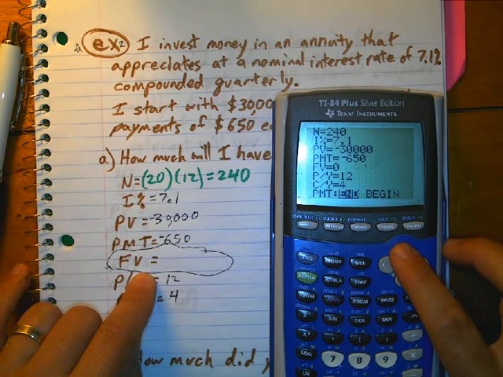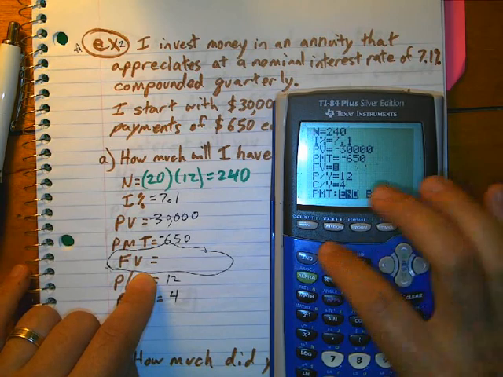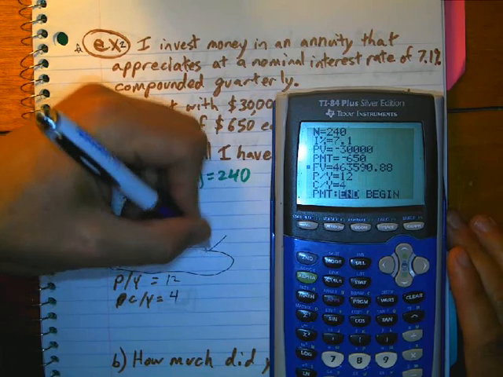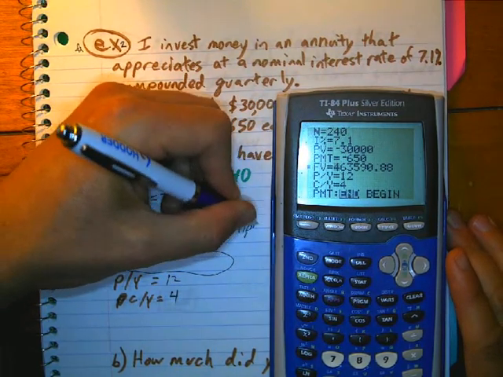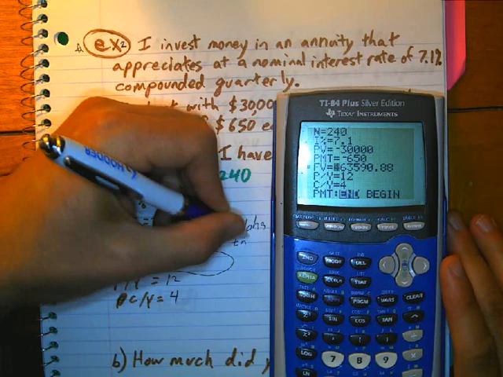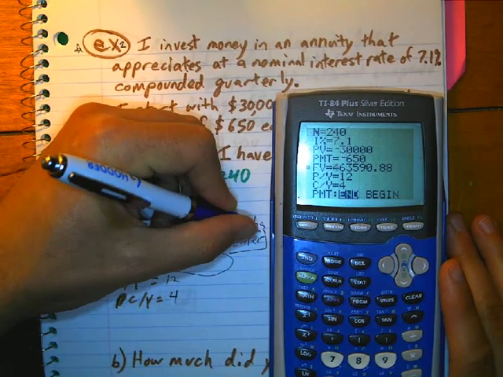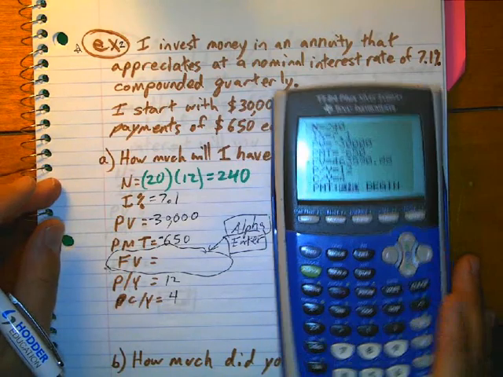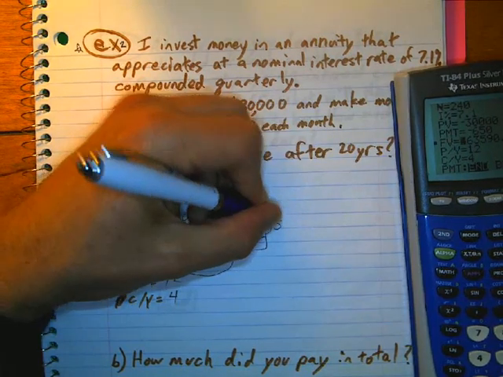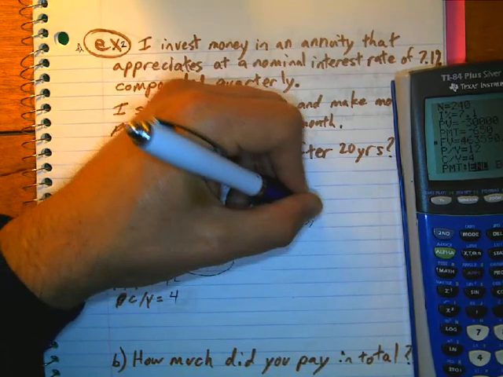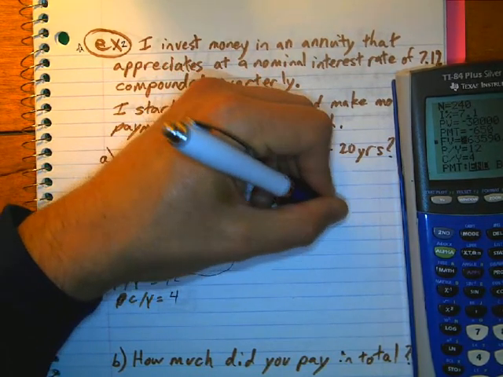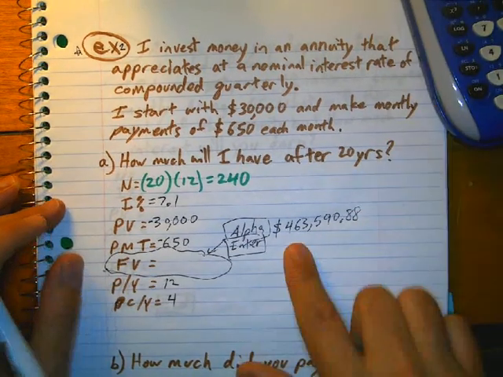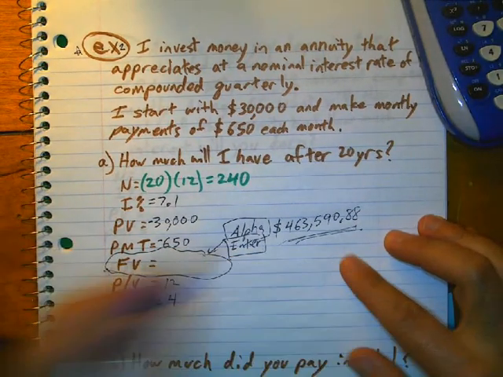So to figure this out, I have to hit alpha, enter. And we get 463,590.88. Okay, and so this is how much I will have after 20 years.